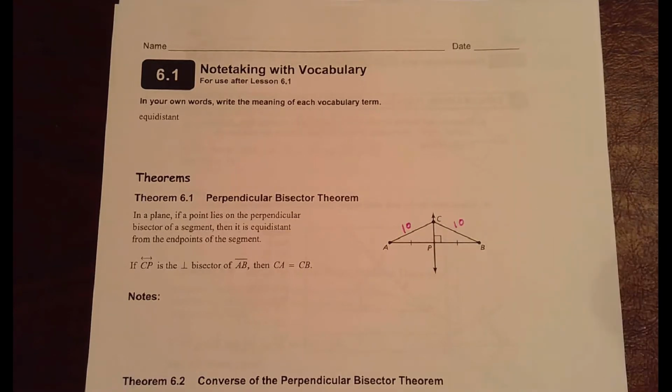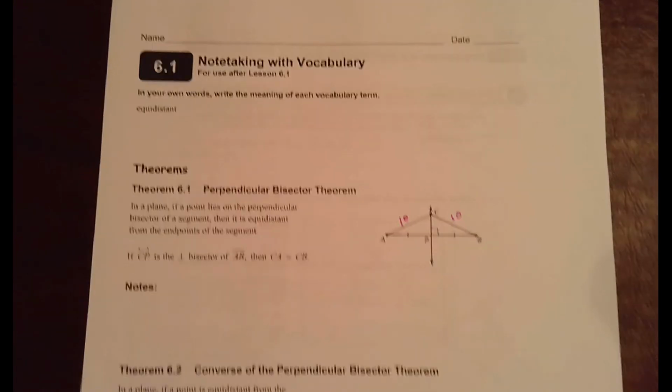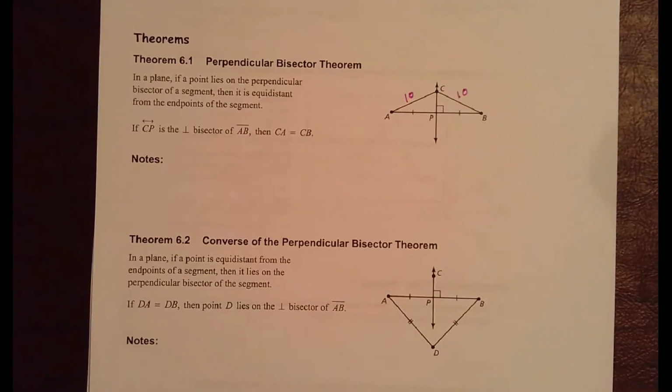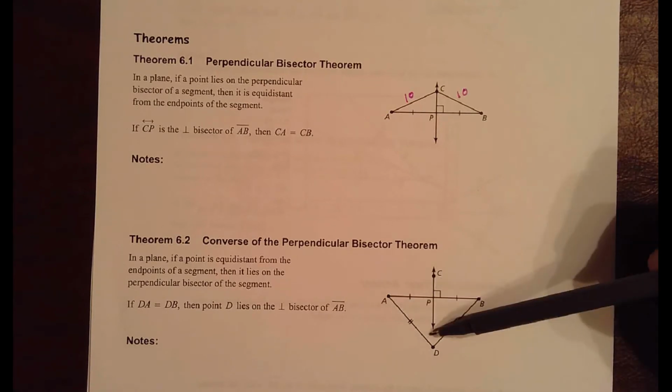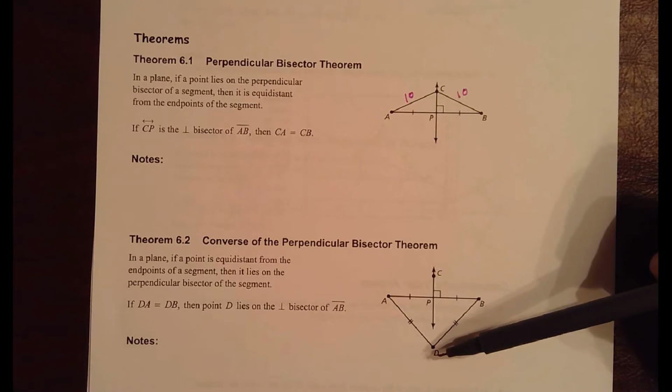All right, the converse of the perpendicular bisector theorem states, in a plane, if a point is equidistant from the endpoints of a segment, then it lies on the perpendicular bisector of the segment. So again, if we know that D is the same distance from B as it is from A, so those 2 segments are congruent, then we know that it lies on the perpendicular bisector.